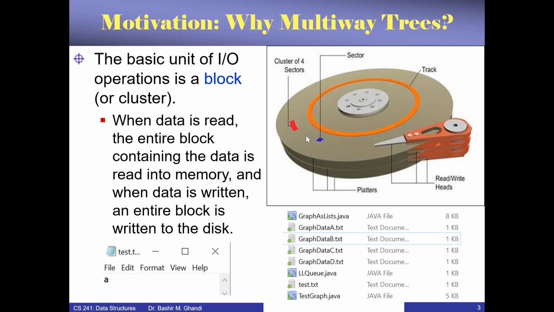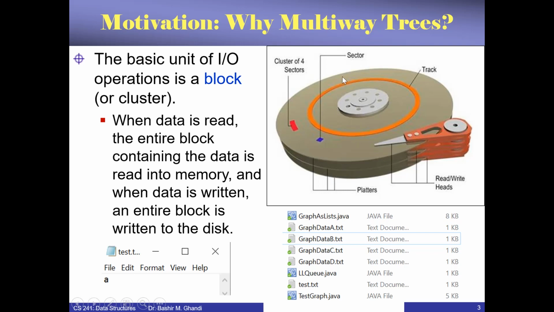Now, obviously, the rotation time depends on where the block is relative to the position of the head. For example, if the block is here, then it will take very little time to reach the head.